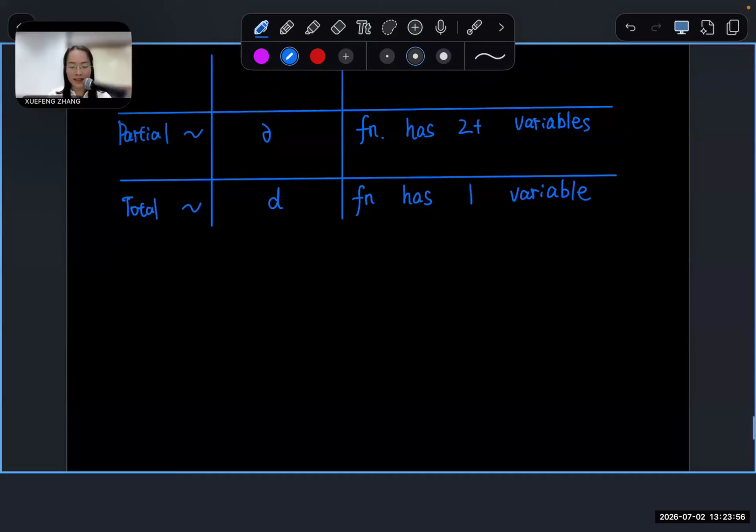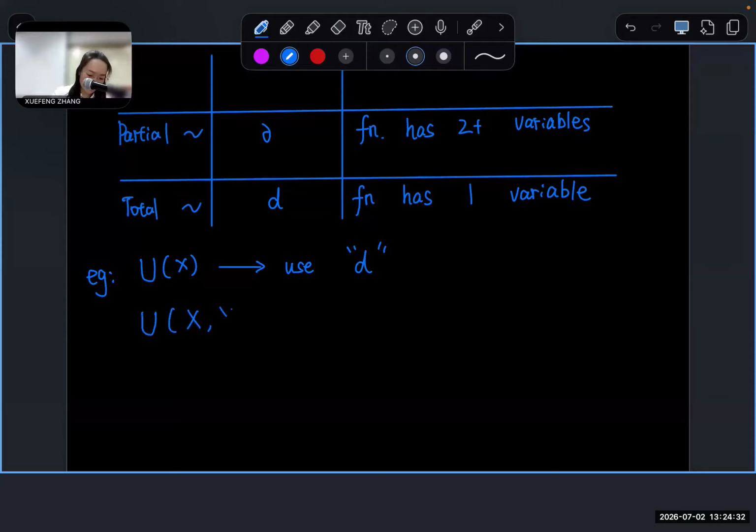Okay, let me give you an example. Suppose the utility function only has variable x, that means we need to use the total derivative. But if the utility function has two variables, like I showed you before in our example, which is x and y, so here we have two variables, right, x and y.